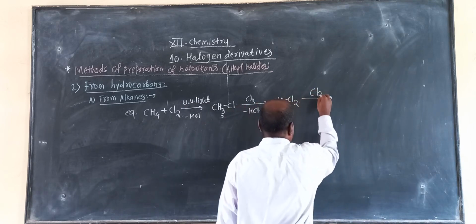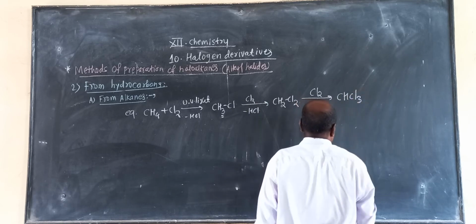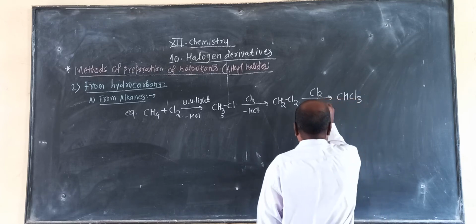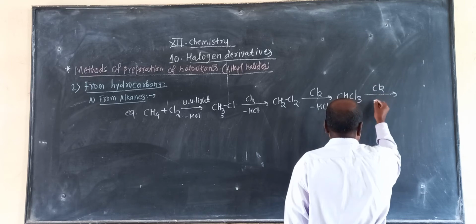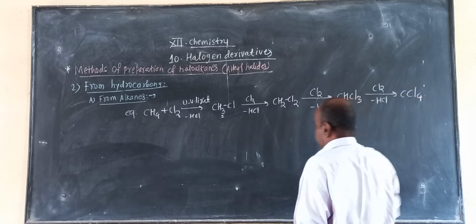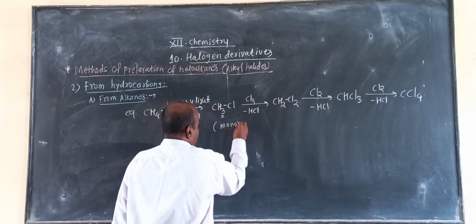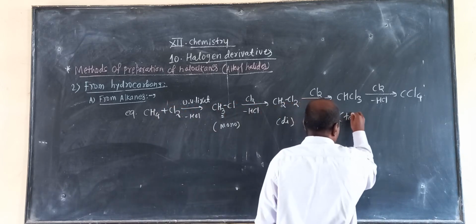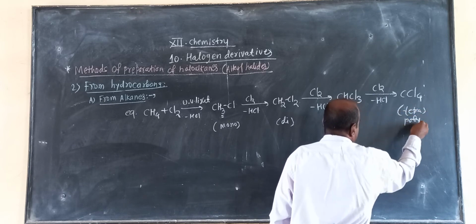Again if chlorination is continued, then you get CHCl3, that is called chloroform, with side product HCl. Again if chlorination is carried out, by removal of HCl you get carbon tetrachloride. Here you get a mono halogen derivative, this is a dihalogen derivative, this is a trihalogen derivative, and this is the tetrahalogen or polyhalogen derivative.